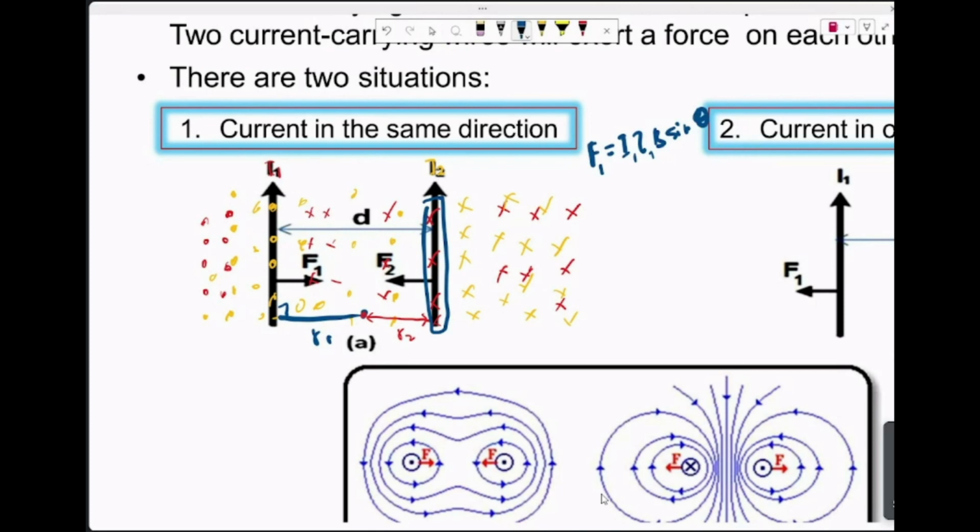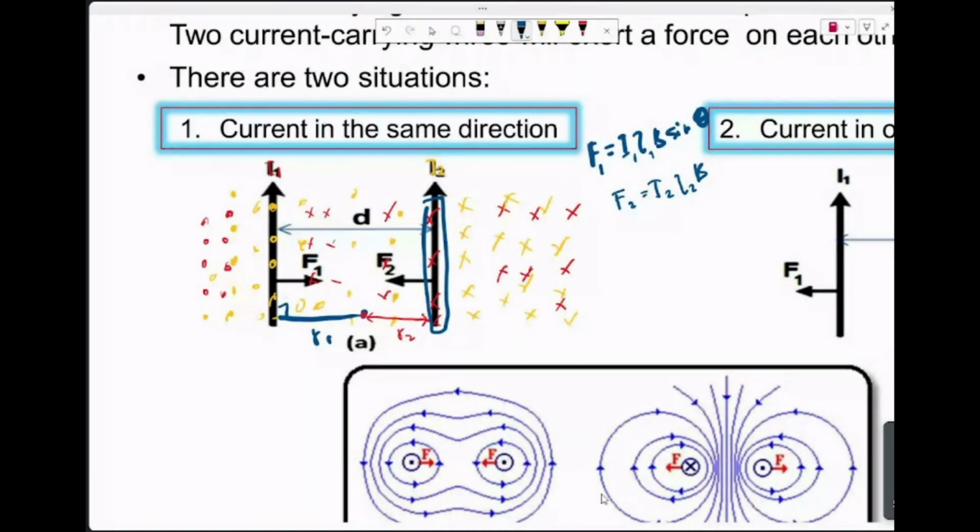B is external. If I look at I2, the force experienced by I2 is F2. It depends on I2, depends on the length of the current, and depends on the magnetic field at I2, not the I2 magnetic field.